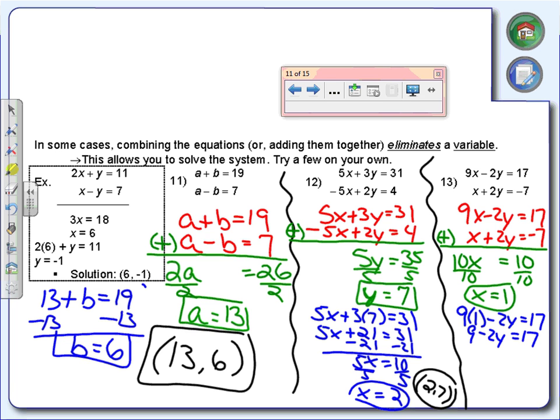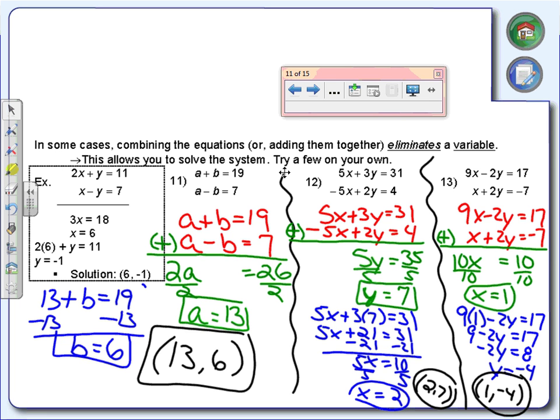Subtract it, so what was 17 minus 9? 8. Then what? Divided by negative 2. So 8 divided by negative 2 was a negative 4. So the final answer was what ordered pair? 1, negative 4. So make sure you write your answer as an ordered pair.